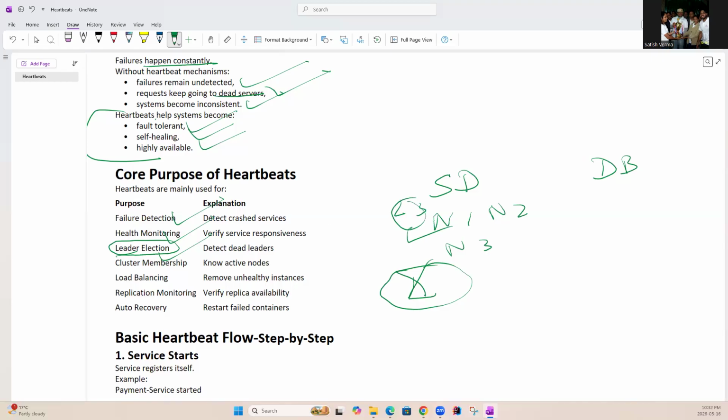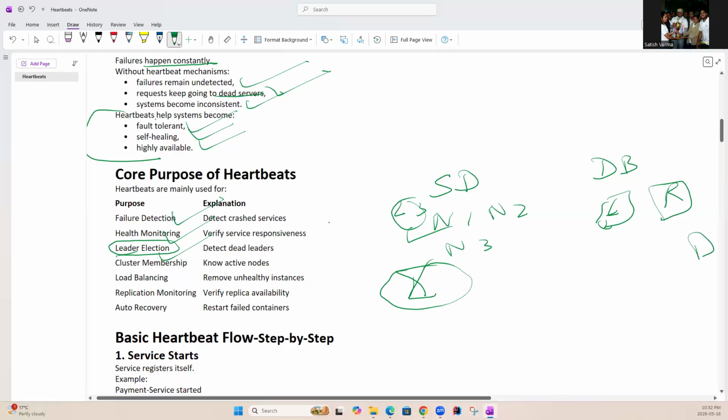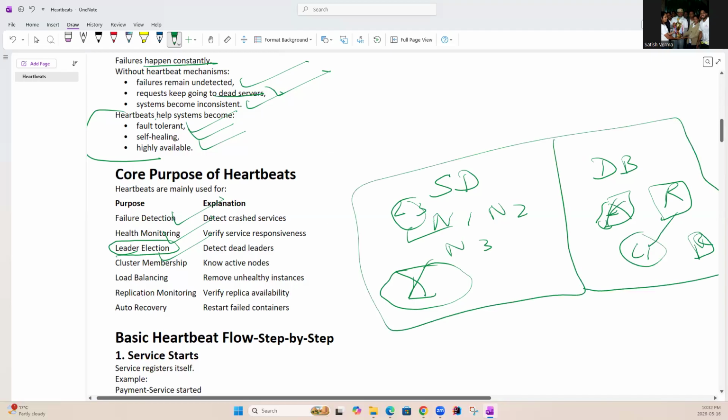Same here with the leader and replicas. If the leader is not working, then a replica will become leader. So how do we know it's not working or something went wrong? With the help of heartbeat only. Okay, so back to the concept.